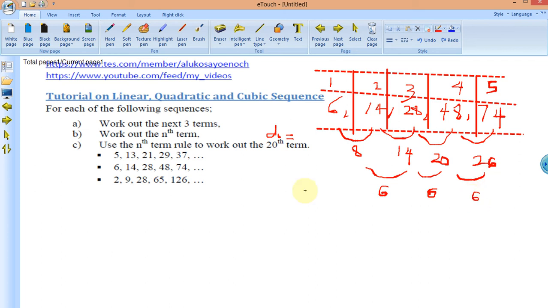So you can see that the second difference is a constant. So since the second difference is a constant, the implication is that this sequence is a quadratic sequence. The first one we saw was a linear sequence, because we had a constant first difference. So now for a quadratic sequence, let me now draw this table properly.